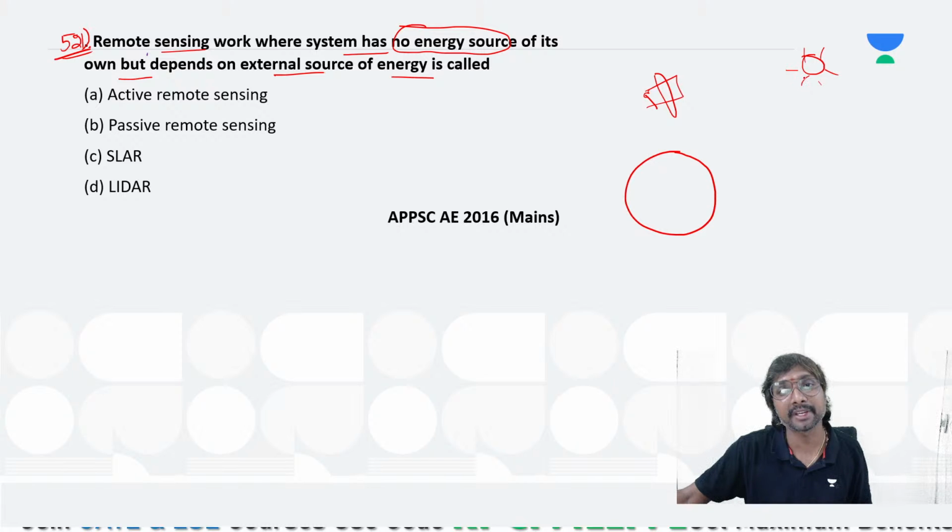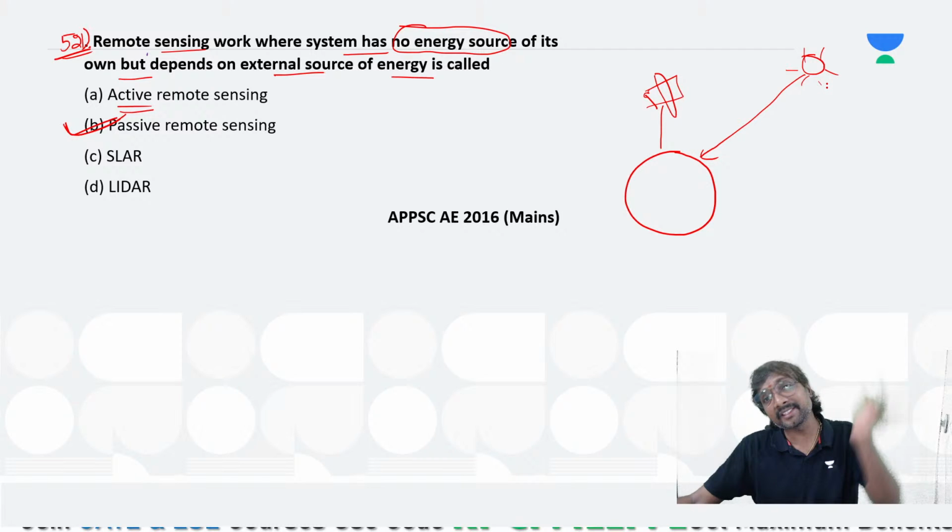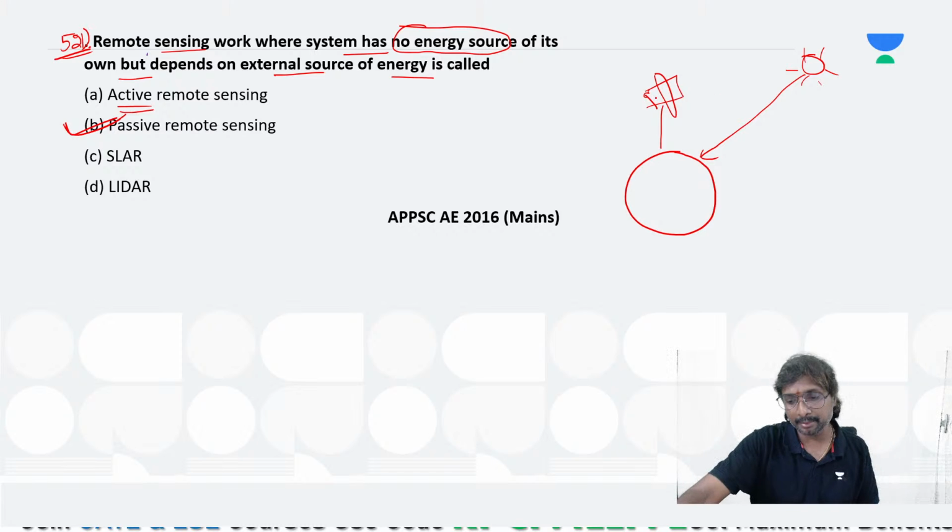That is called passive remote sensing. Active remote sensing means the satellite itself sends some energy, electromagnetic waves. If you are utilizing some other source, it is passive remote sensing. Yes, Mayur, correct.